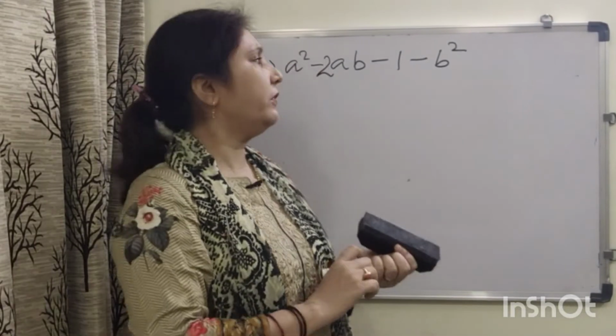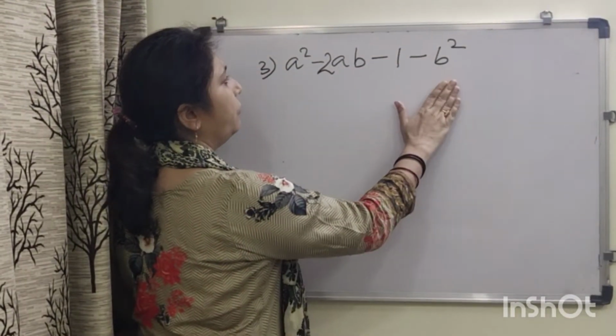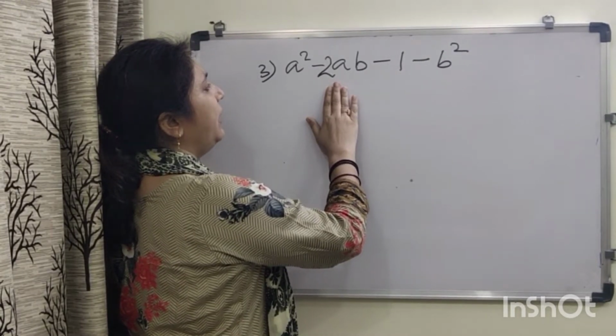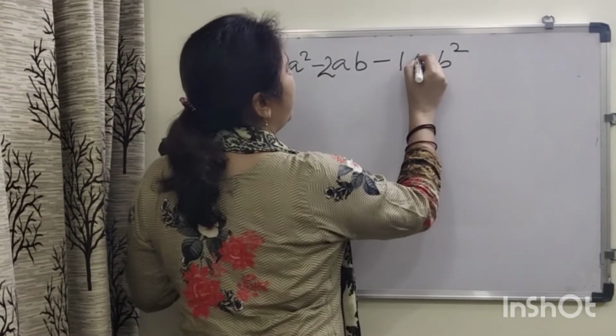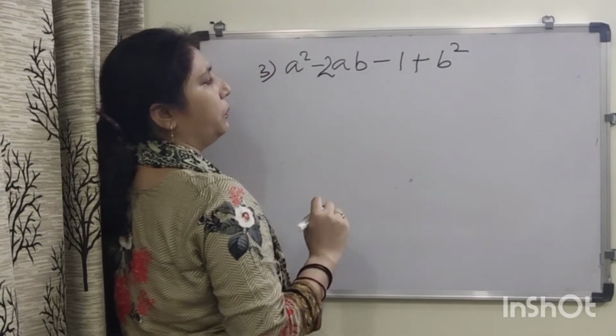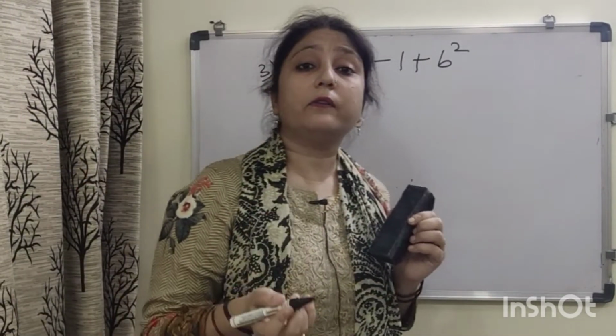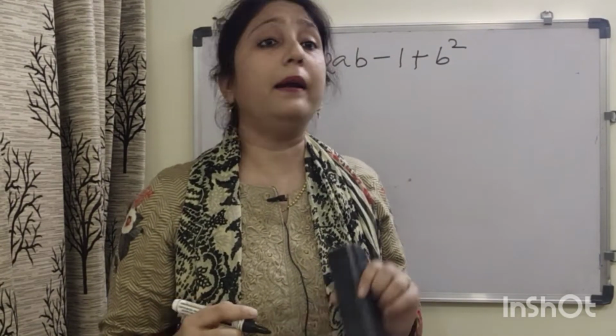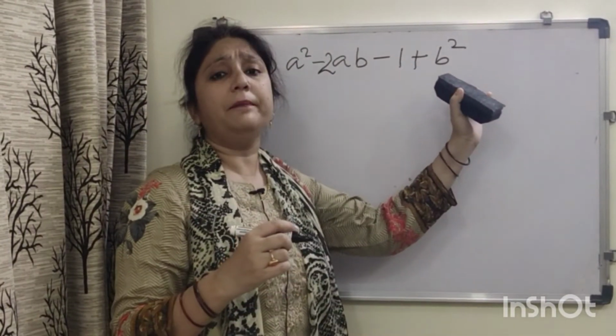Now another question that I have taken has 4 terms: a square minus 2ab minus 1 plus b square. Now you will ask, ma'am, how to apply the identity a square minus b square, as there is nothing in common.